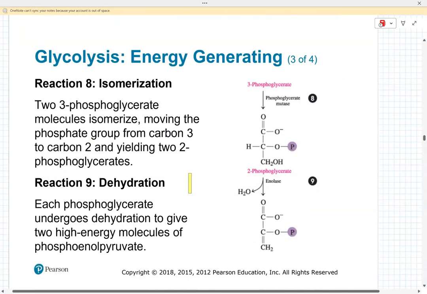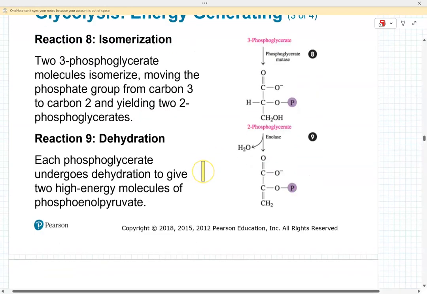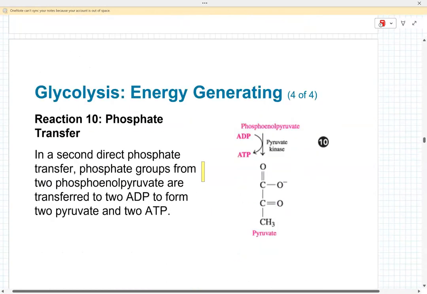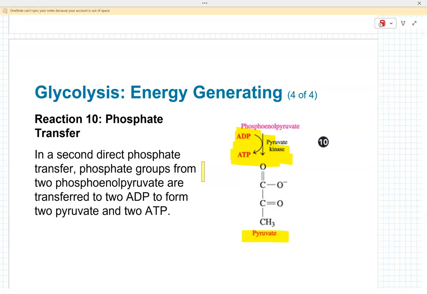And then phosphoglyceric acid forms what's called phosphoenolpyruvate, and phosphoenolpyruvate generates another molecule of ATP, resulting in pyruvate. Now, there's no intention to put any of these intermediates, except for maybe the middle one, onto the exam questions.